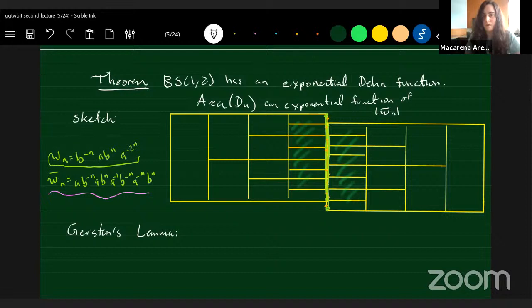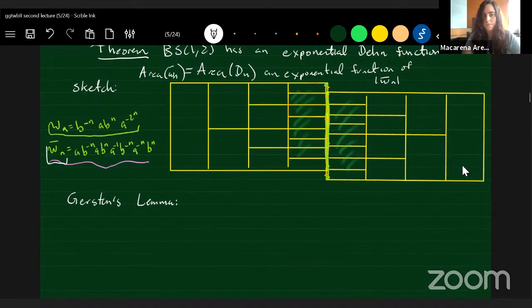In fact, what we still need to do is to show that these diagrams are optimal, are minimal, because it could be that these words bound other diagrams that have a lesser amount of area. So what we need to do is to show that the area of these diagrams is equal to the area of the words that correspond. And the way we do that is using Gersten's lemma.